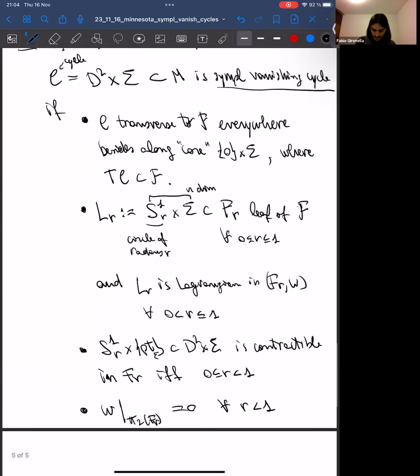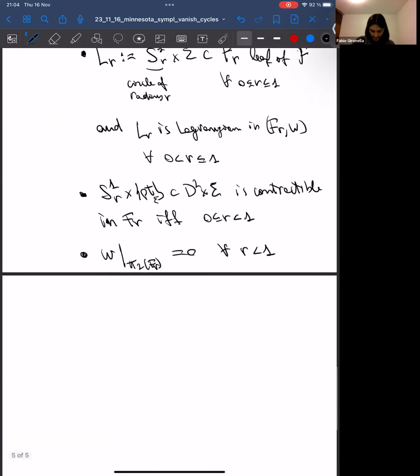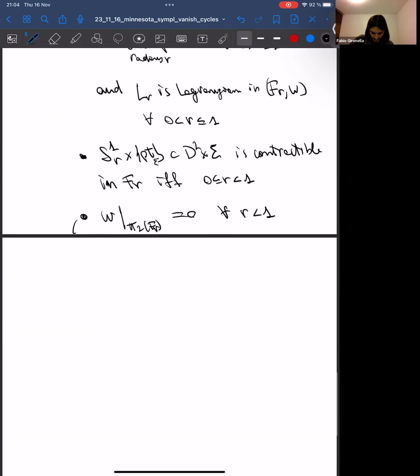So let me comment now. Okay, this is the definition. It might seem a bit complicated, but let me demystify it. This last condition is just technical. It essentially comes from the fact that we want to use pseudo-holomorphic curves.